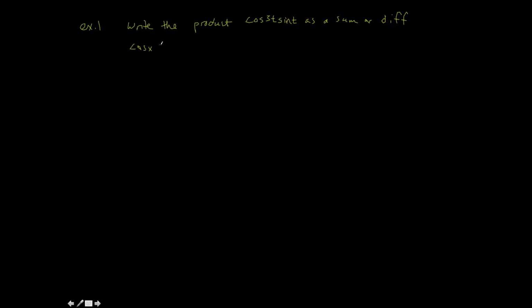Cosine x sine y equals 1/2 of sine of x plus y minus sine of x minus y. So this is the particular identity we're going to use for this problem.